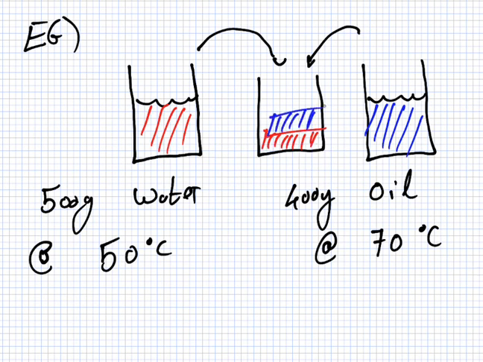Now, when you think about it, what happens when you mix oil and water together? They don't really mix, do they? The oil sits on top of the water. But that's good, because it helps you to picture the best way to do this. Even if they do mix together, in your picture, draw them like one sits on top of the other. And the reason for doing that is it helps you to keep track of what's happening.